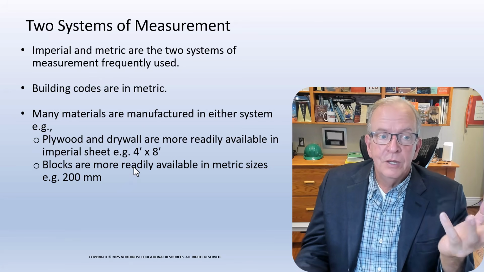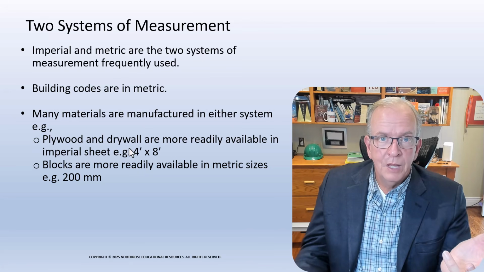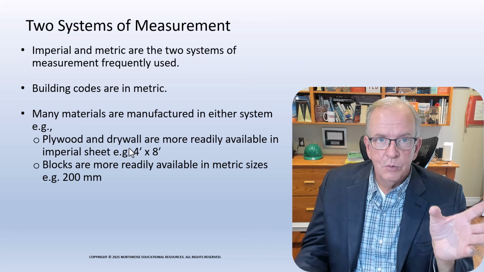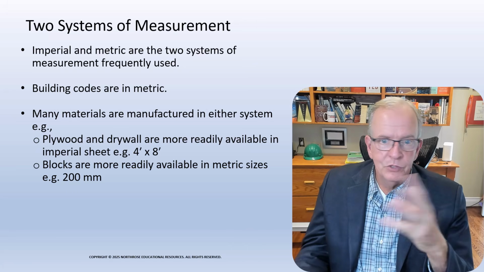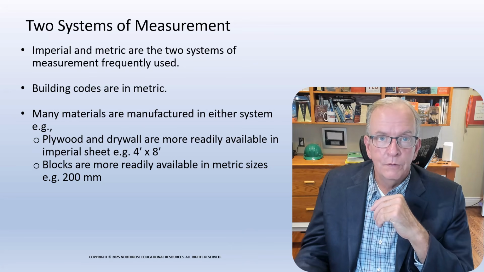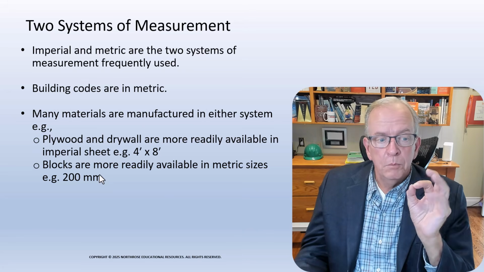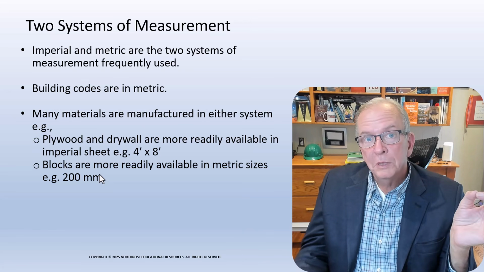Like our building code is metric. If you buy a sheet of drywall or a sheet of plywood, just exactly like the US, 4 foot by 8 foot, 1/2 inch, 3/4, 5/8, typical thicknesses that you would find in sheet goods. Blocks, however, no, they're metric.